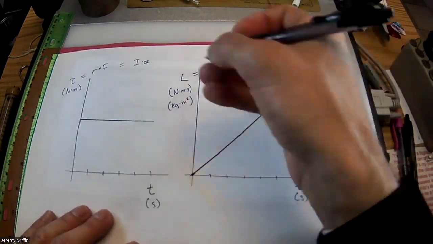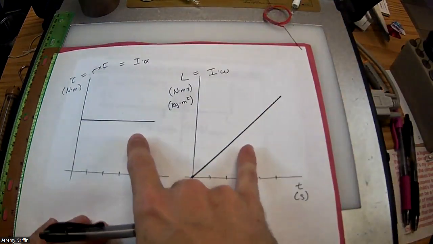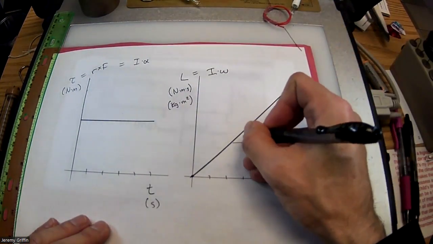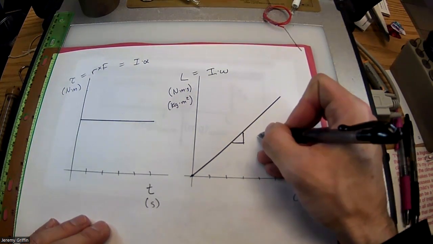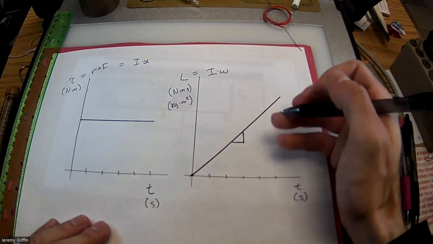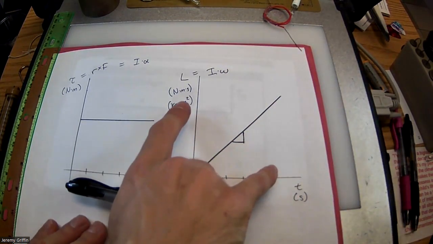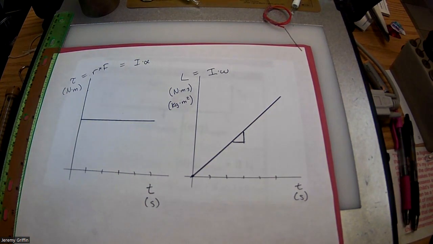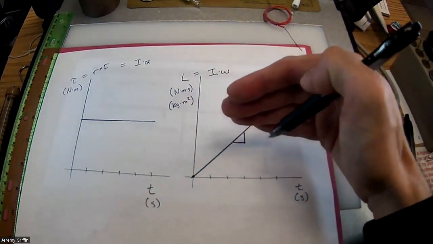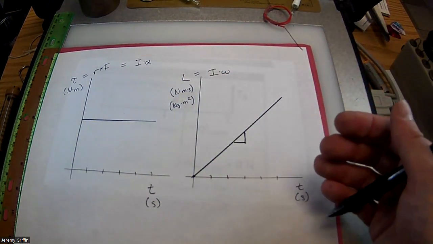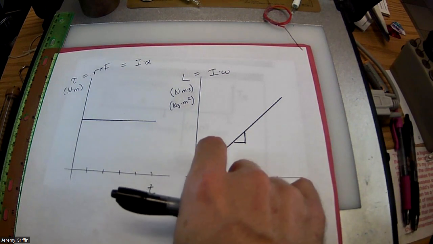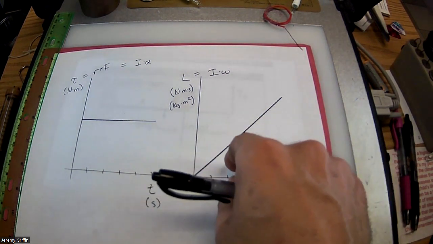So here, what is another connection between these two? What is the slope of this line equal to? I'll give you guys a hint. If you're ever trying to interpret a graph and figure out what property of the graph represents what thing, obviously every coordinate represents angular momentum, that's what the graph is. If you're interested in slope, is slope rise over run?